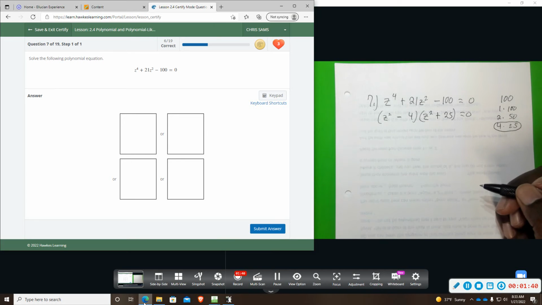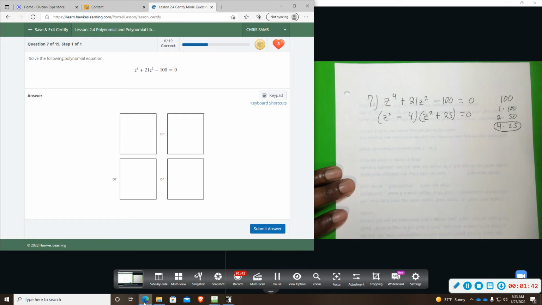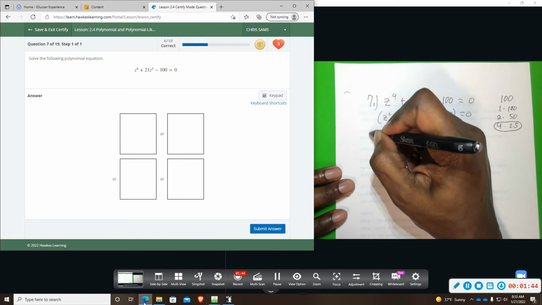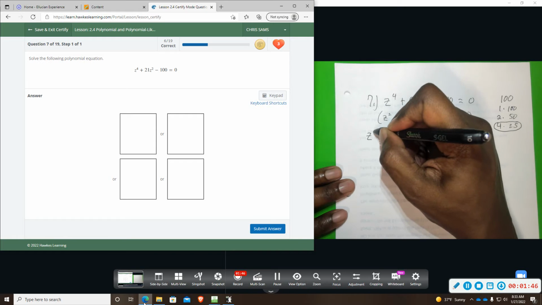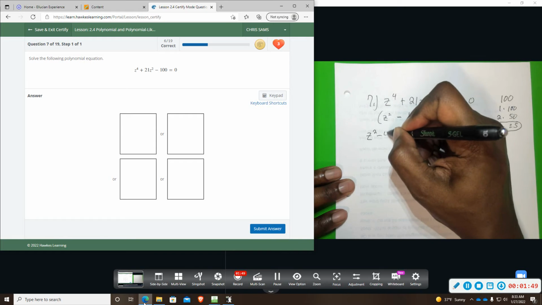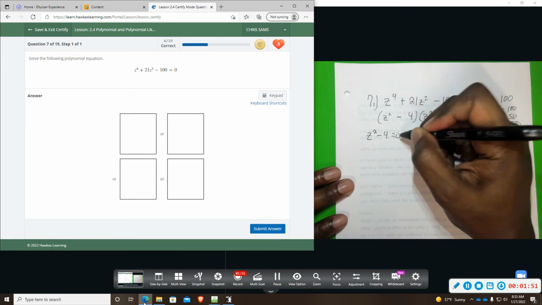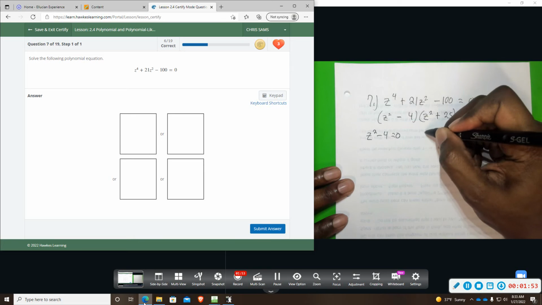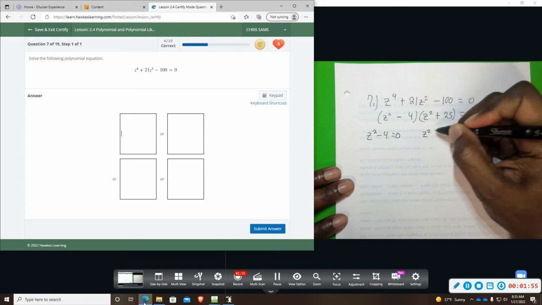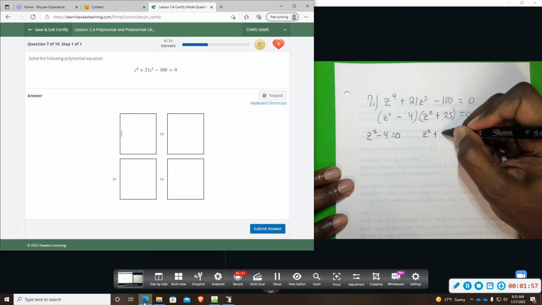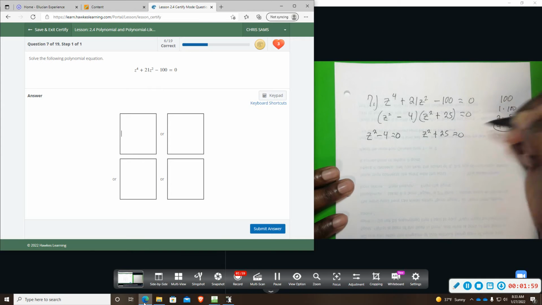Alright, we're going to set both of these equal to 0. We have z squared minus 4 equals 0. And then over here we have z squared plus 25 equals 0.